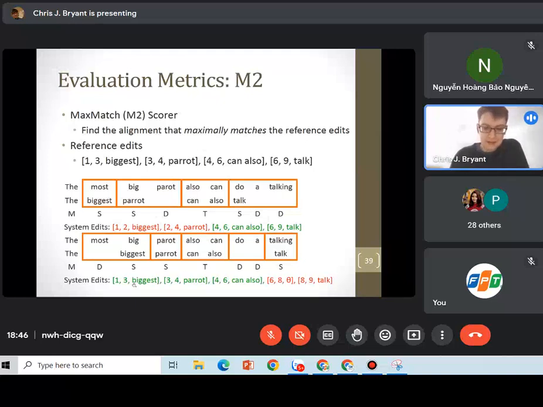And in this case, we now get 3 of the edits matching a human. So 3 is larger than 2. So the M2 scorer will prefer this alignment to the previous one. And then if we wanted to fix it, we could just remove this line here, and then we would exactly match the human. So that's effectively how the M2 scorer finds the best alignment.